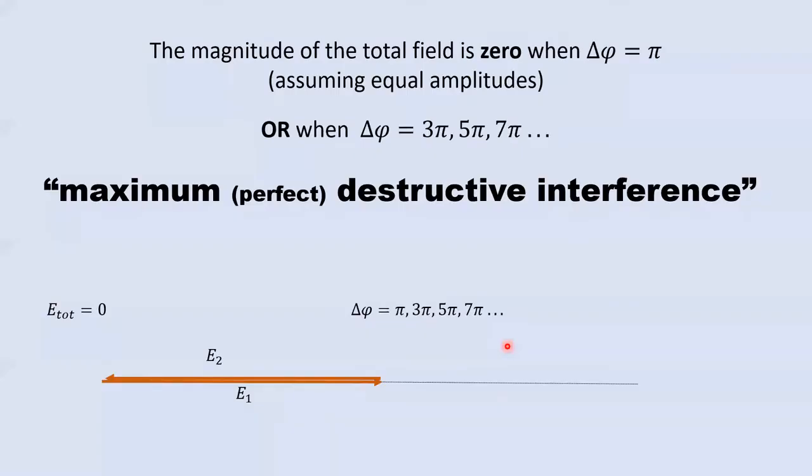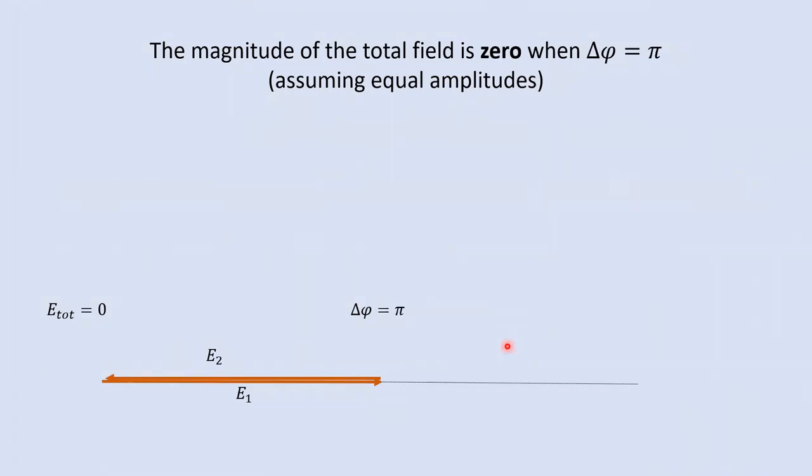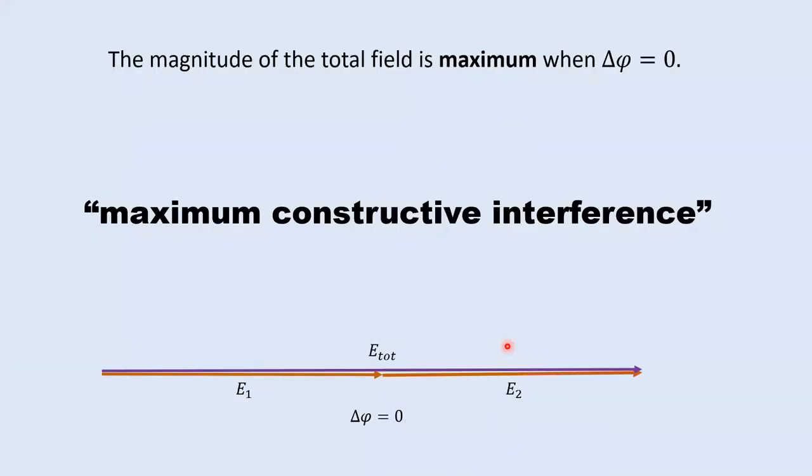So we see what the total electric field is in the simple cases. When the phase difference is 0, obviously the length of the total phasor is just the sum of the individual lengths.